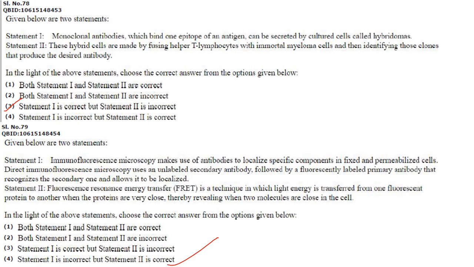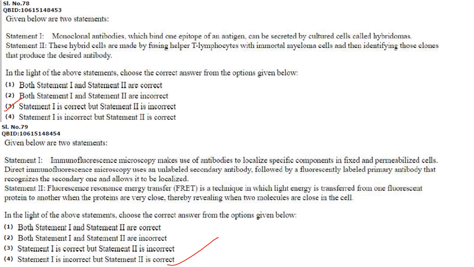Then next one. Statement 1: Immunofluorescence microscopy makes use of antibodies to localize specific components in fixed and permeabilized cells. That is correct. Direct immunofluorescence microscopy uses an unlabeled secondary antibody followed by a fluorescently labeled primary antibody that recognizes the secondary one and allows it to be localized.